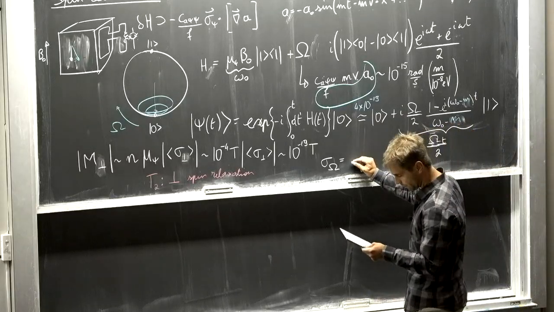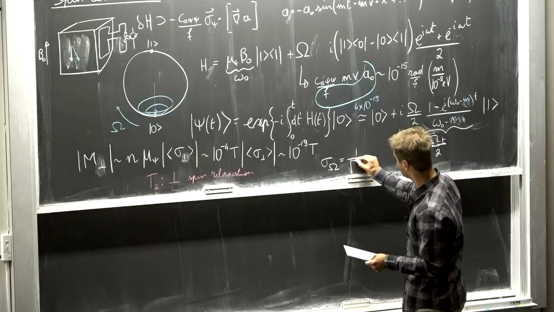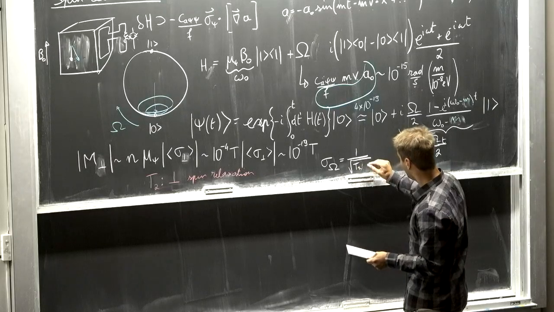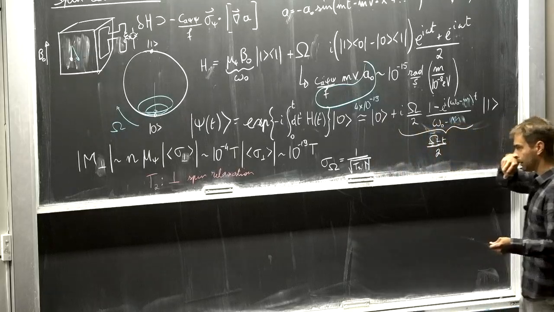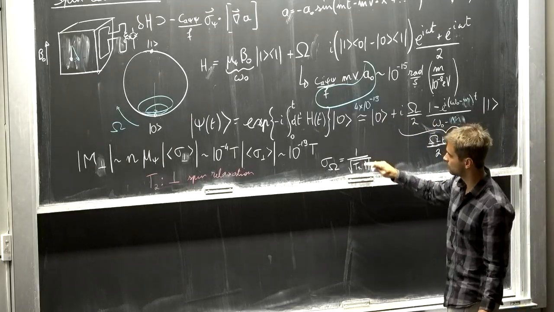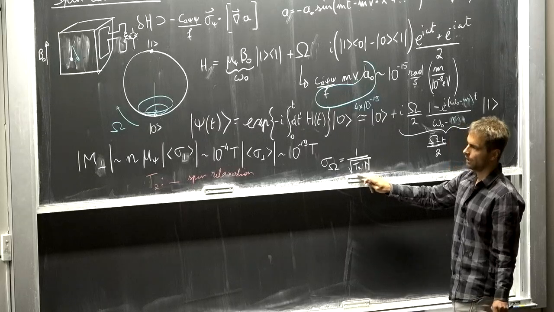So effectively, from magnetization noise limitations, your effective precision on the Rabi frequency goes as 1 over the square root of that time.